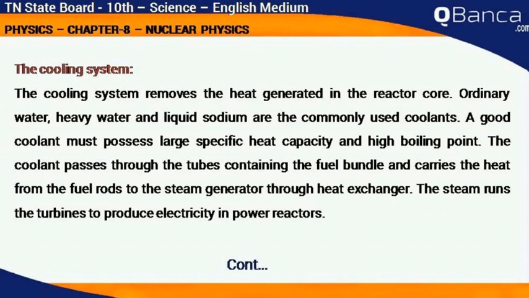The coolant passes through the tubes containing the fuel bundle and carries the heat from the fuel rods to the steam generator through a heat exchanger. The steam runs the turbines to produce electricity in power reactors.